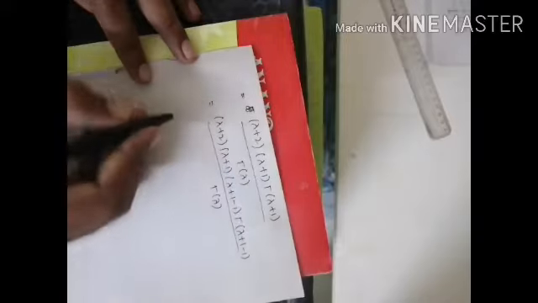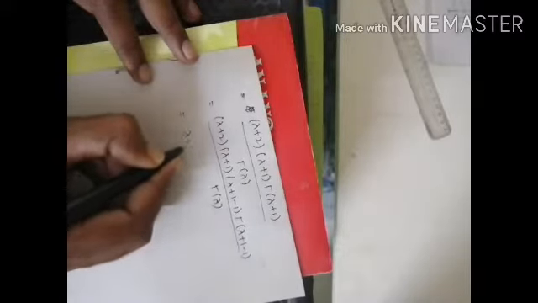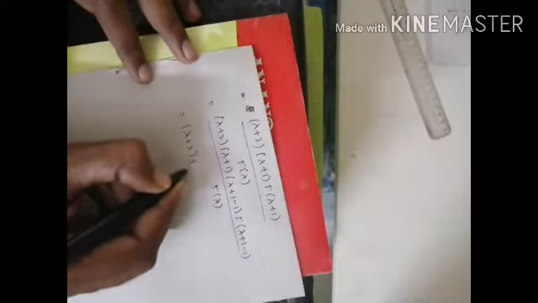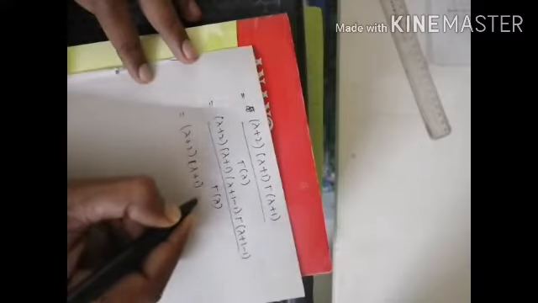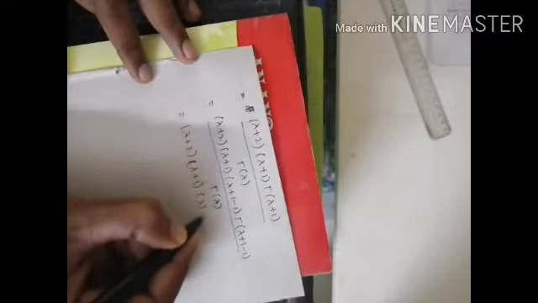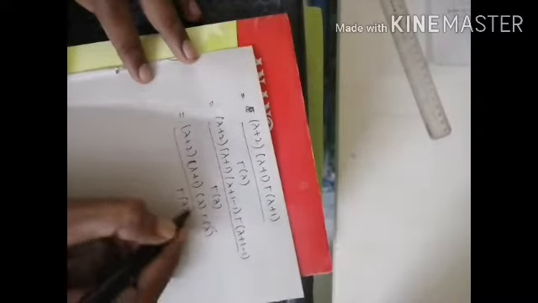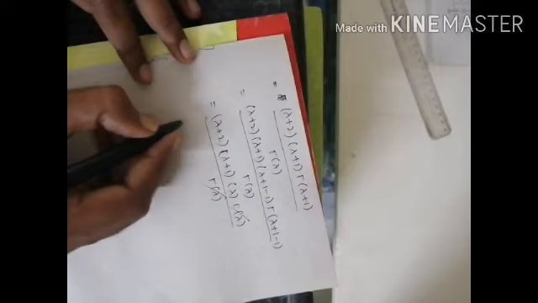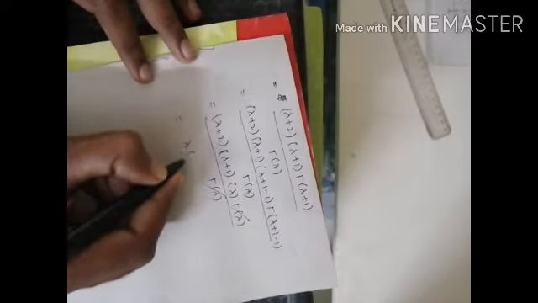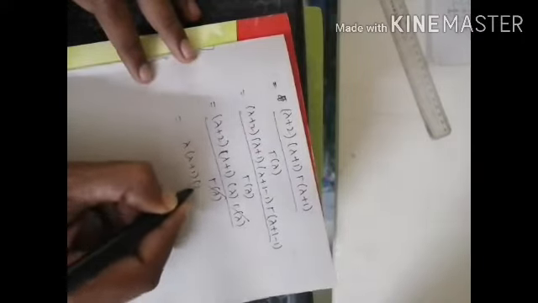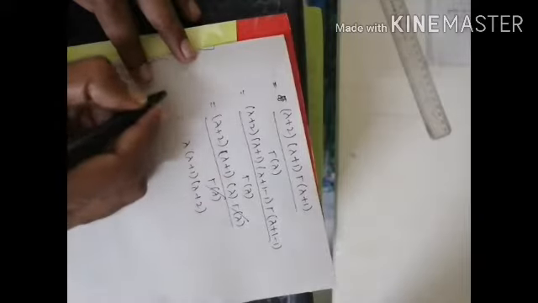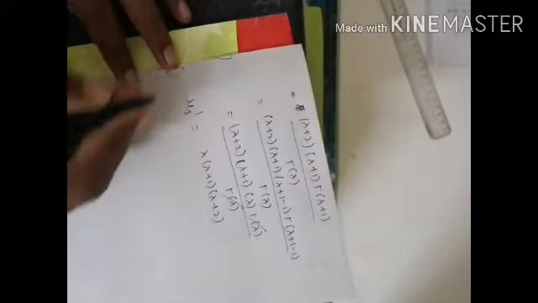So plus 1 minus 1 gets cancelled, remaining lambda plus 2 into lambda plus 1 into lambda of gamma of lambda by gamma of lambda. So gamma of lambda gets cancelled. So the remaining is lambda into lambda plus 1 into lambda plus 2. This is mu 3 dash.